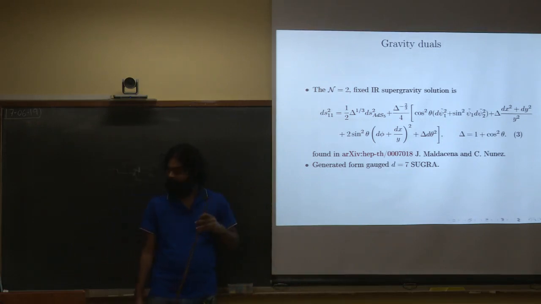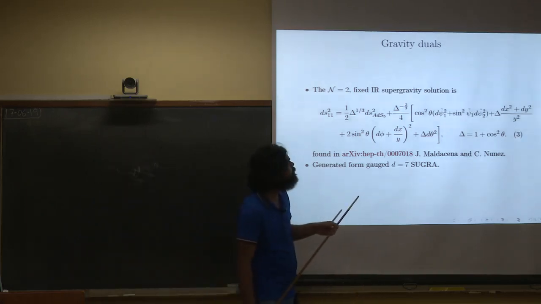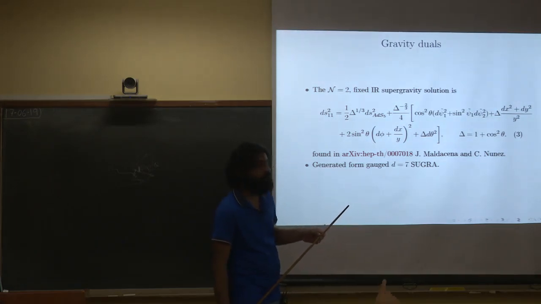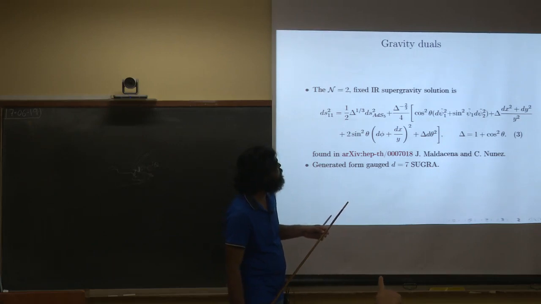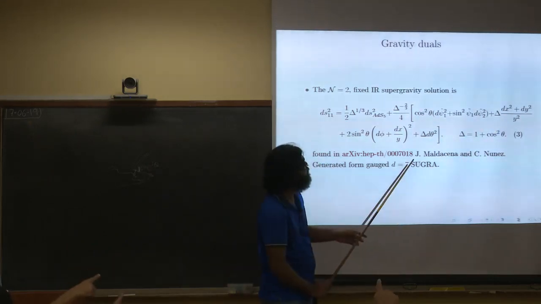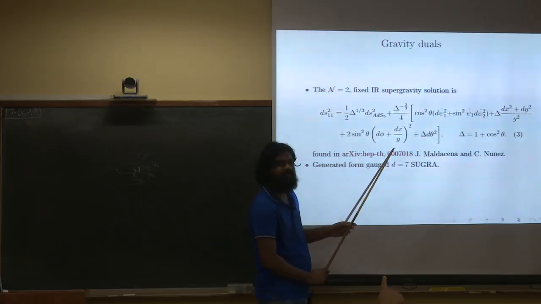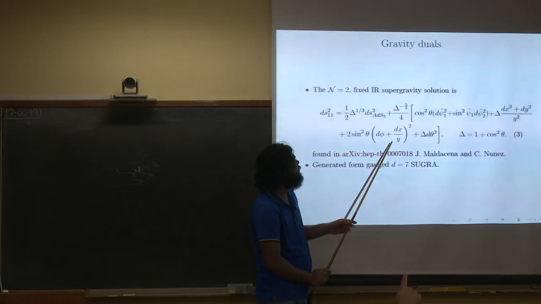Okay. If you erase that dx over y in the bracket, is it round S4? Sorry, what's the question? If you erase that dx over y, in the bracket, because that's the gauge field. Then is it a round metric that is parameterized by theta, psi 1, psi 2, and phi?